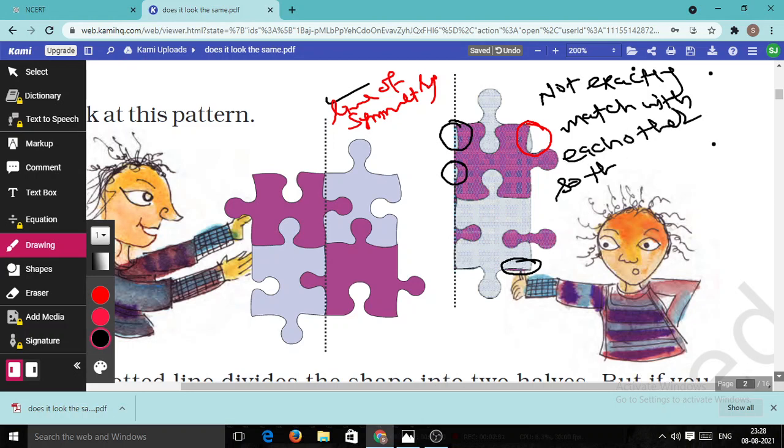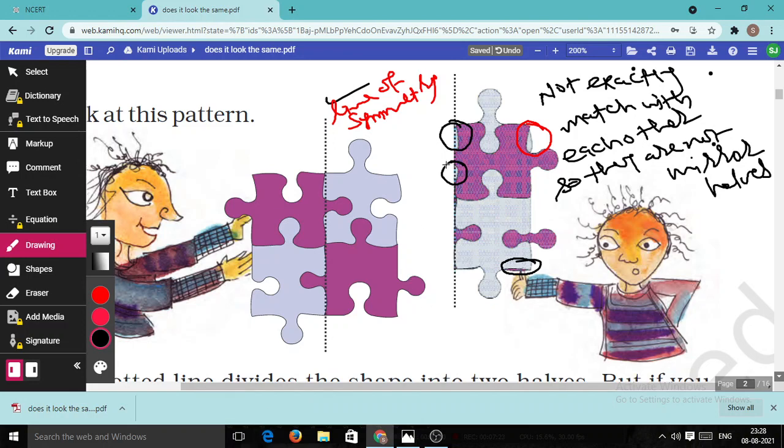So they are not mirror halves. I hope all of you understand very clearly why these two figures are not called a mirror half, because some part of the figure is outside of one figure.